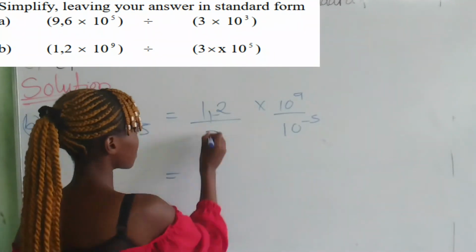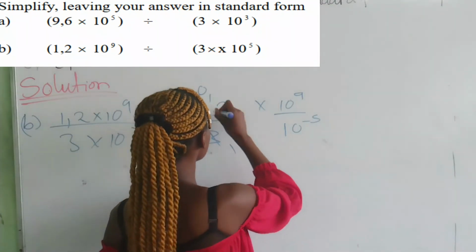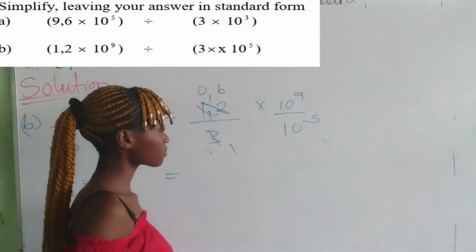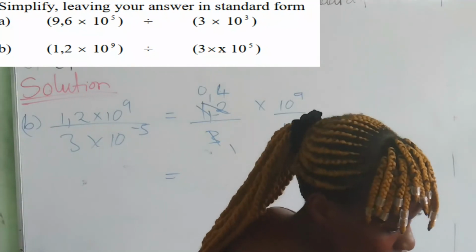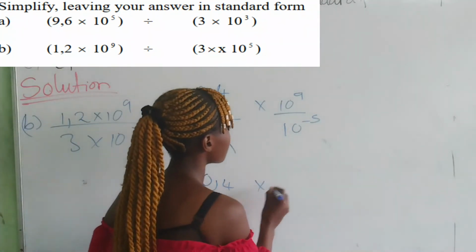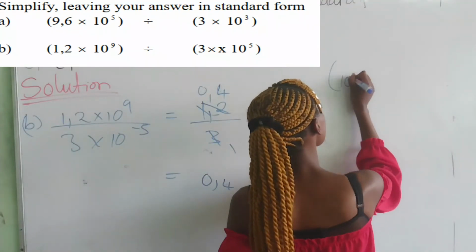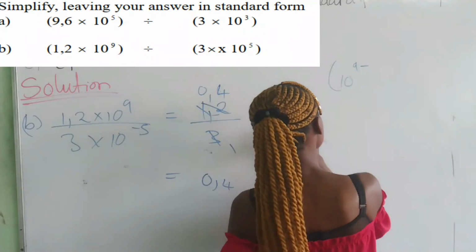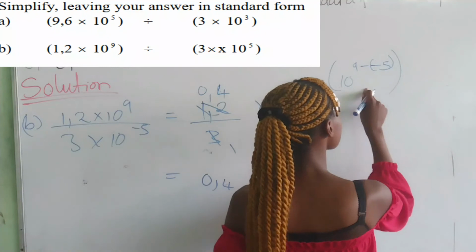We simplify 3 into 12, that's 4. So this part gives us 0.4 times. For this part, as I said, just take 10 to the power 9 minus, since it's division, minus 5. This is how it's going to be.